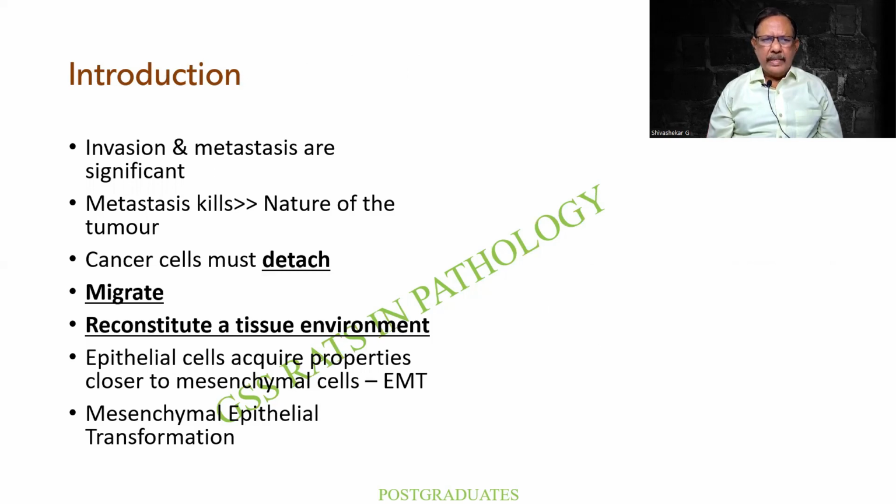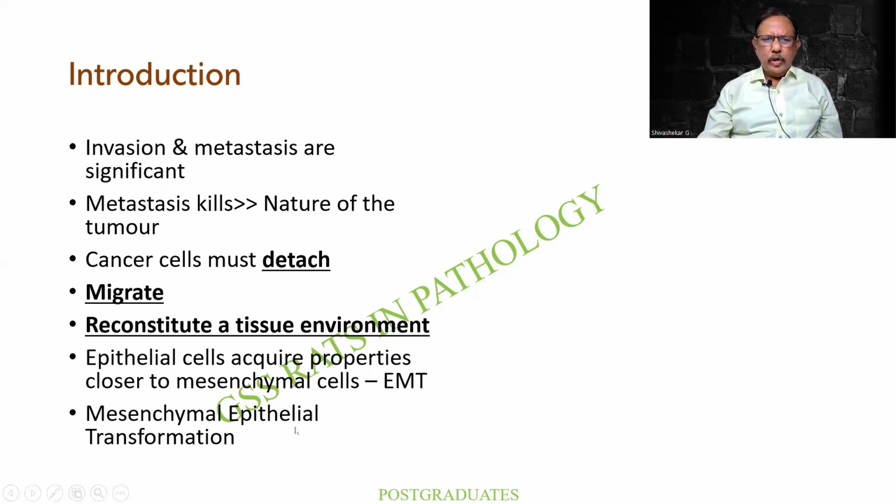Cancer cells must detach, they must migrate, and they will have to reconstitute an environment for themselves. In this regard, the epithelial cells acquire some property close to the mesenchymal cells, and this is called epithelial mesenchymal transition.